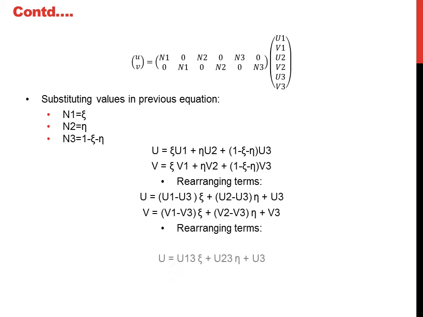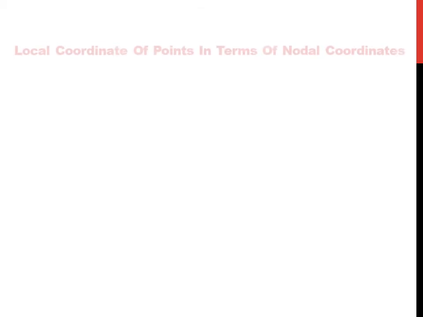So rearranging the terms again, you can rewrite U is equal to u13 zeta plus u23 eta plus u3. Also V is equal to v13 zeta plus v23 eta plus v3. Remember here u13 is u1 minus u3, u23 is u2 minus u3. Also v13 is v1 minus v3 and v23 is v2 minus v3.